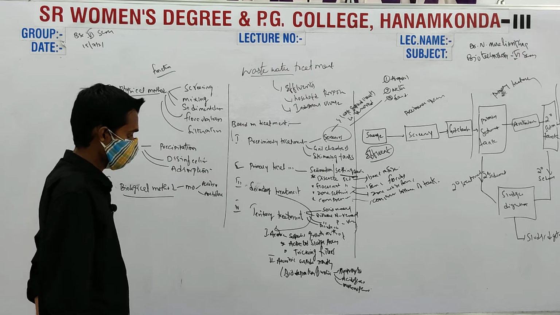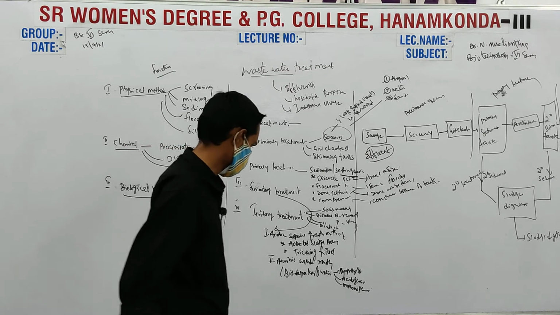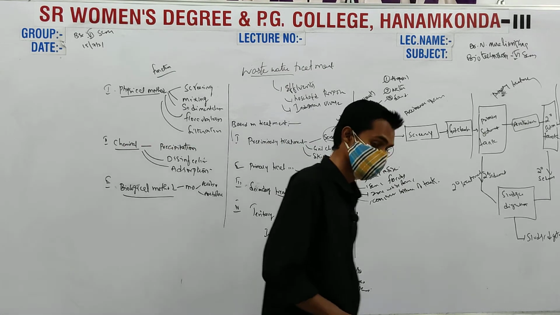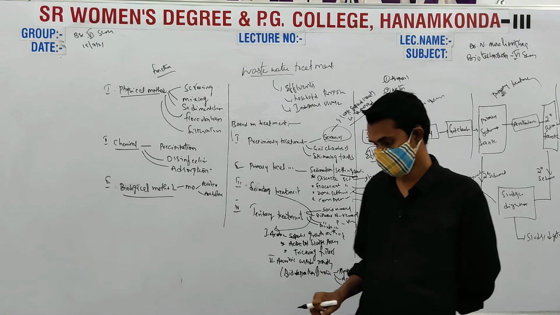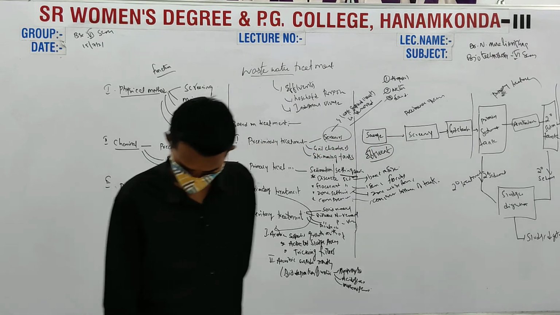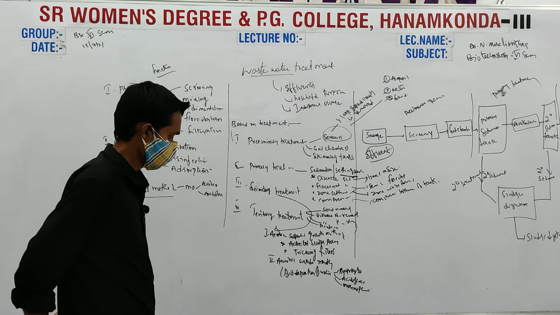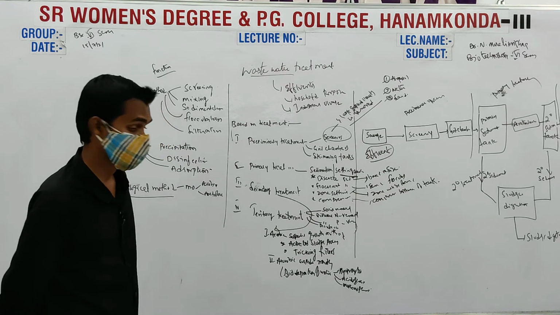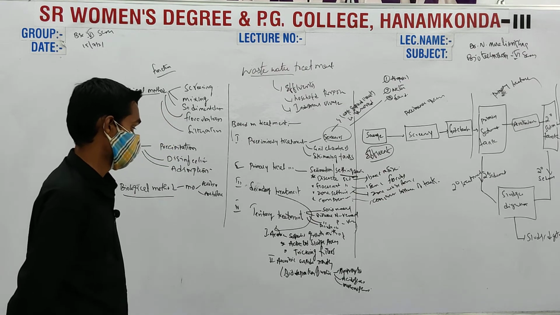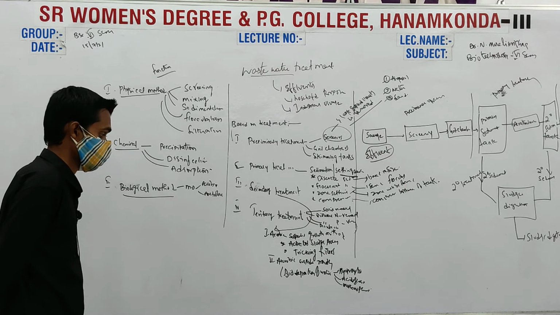Coming to the secondary treatment, we have two types of methods. That is the aerobic suspended growth method, which includes the activated sludge process, and next one is trickling filters.